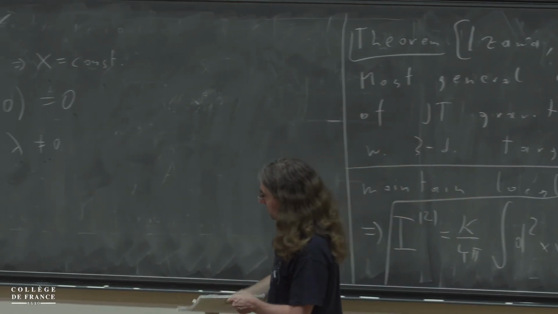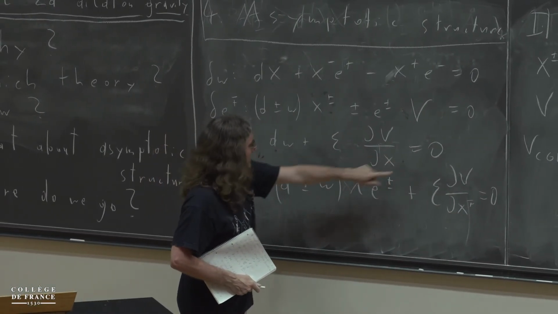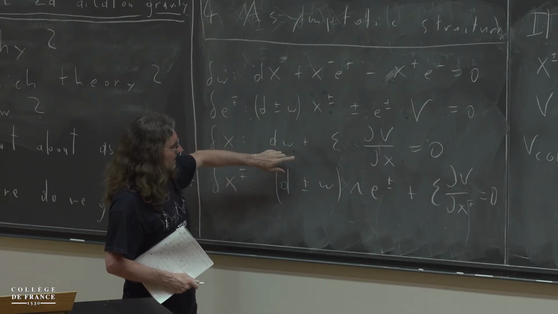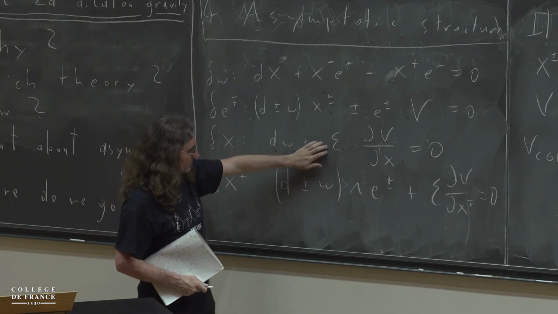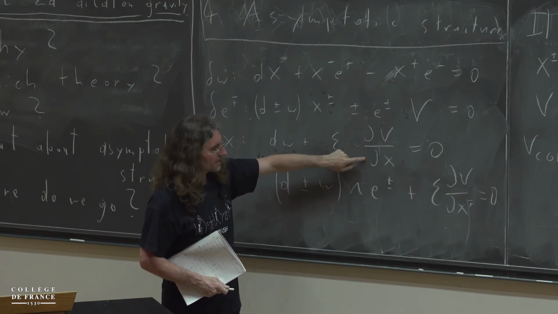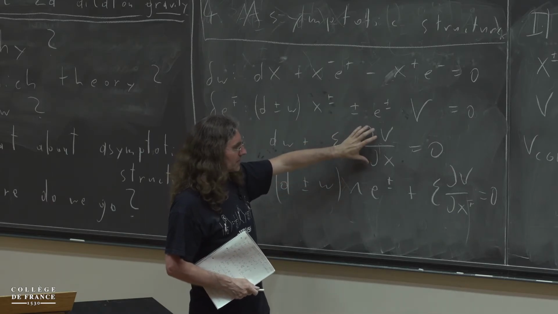If they exist, you can see from the third equation that the curvature 2-form, so this is curvature, d omega, is just proportional to the volume 2-form times some constant, because dV by dX is some function of X, but since X is constant, this evaluates to some constant.